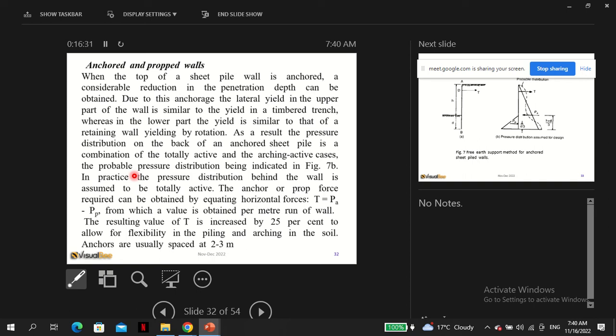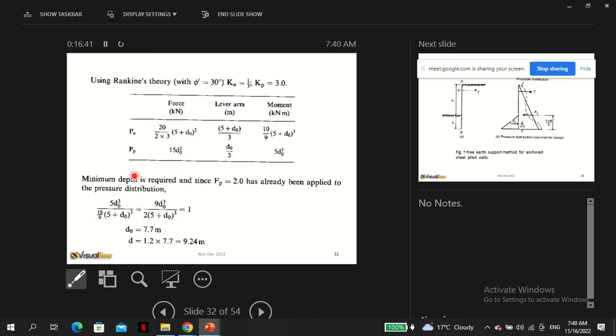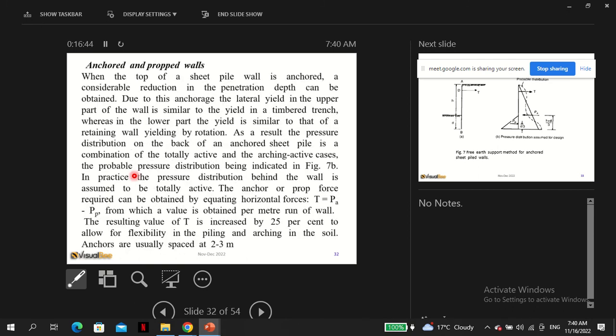The anchor or prop force required can be obtained by equating horizontal forces, T equals PA minus PP, from which a value is obtained per meter run of the wall. The resulting value of T is increased by 25% to allow for flexibility in piling and arching in the soil.